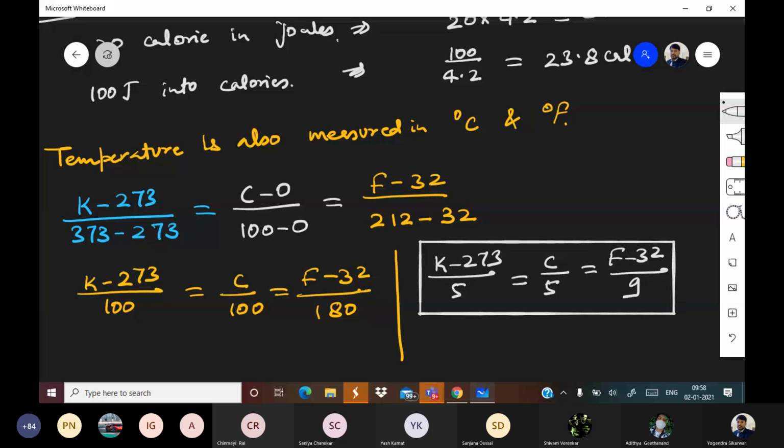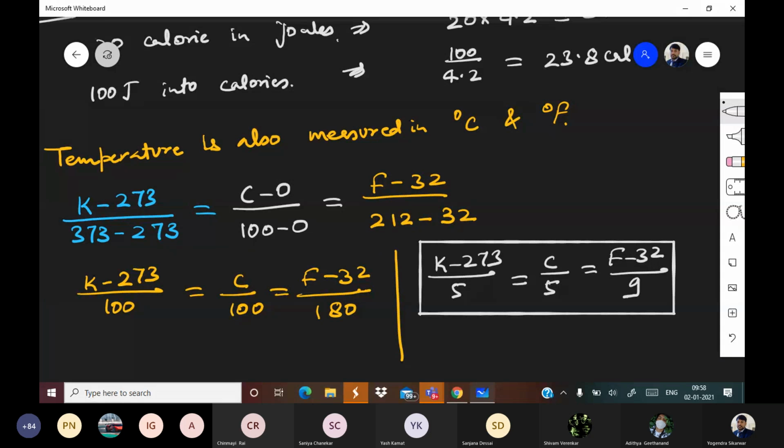I'll be telling you more details about how these Kelvin, degree Celsius or Fahrenheit are used and what is their significance also. Or let me just quickly tell you the significance.